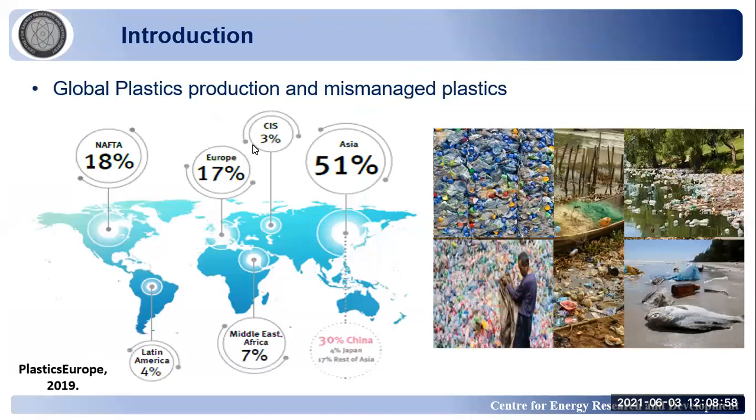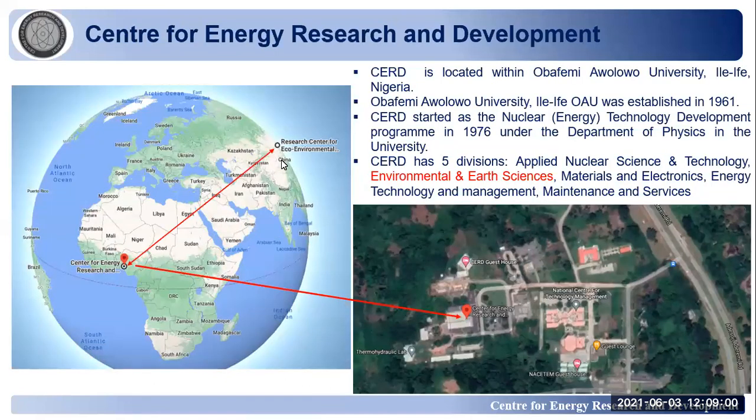Okay, let me introduce my center. As you can see here, I had my PhD at the Research Center for Eco-Environmental Sciences, about 9,900 kilometers away from Nigeria, where I was also a research assistant. But because of COVID, I had to come back to Nigeria, and for now my engagement in the Research Center for Eco-Environmental Sciences is on suspension.